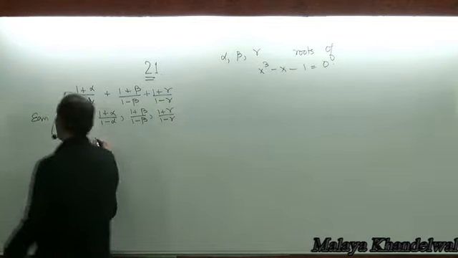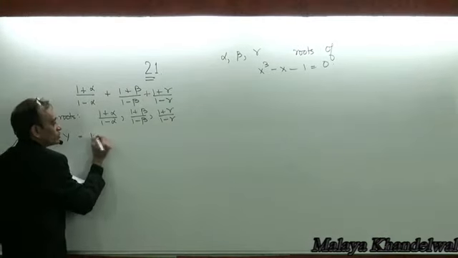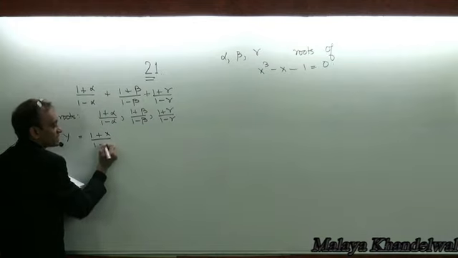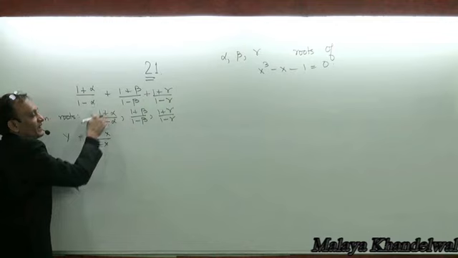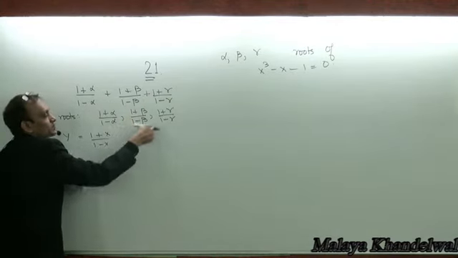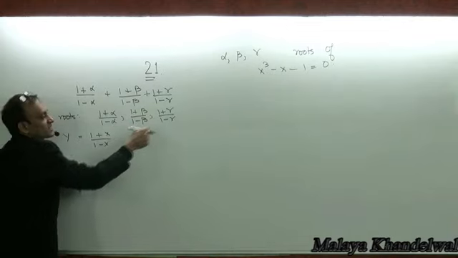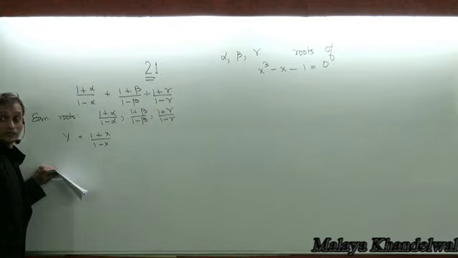Let me create a transformation. Let me move from x to y. Y equal to 1 plus x by 1 minus x. So when x is alpha, y would be 1 plus alpha by 1 minus alpha. When x is beta, y would be 1 plus beta by 1 minus beta. When x is gamma, y would be 1 plus gamma by 1 minus gamma. Yes or no?